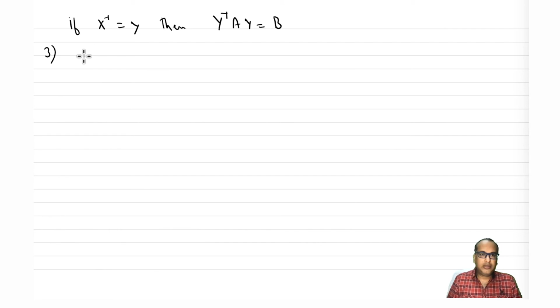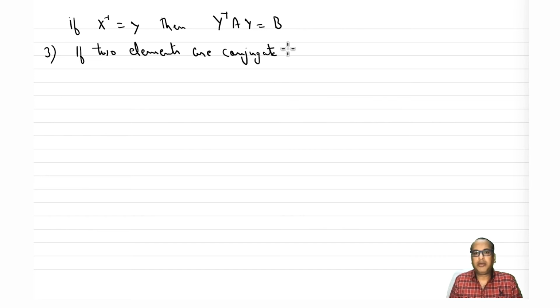So the third thing is, if two elements are conjugate to a third element. When I say element, I mean group element, not symmetry elements.